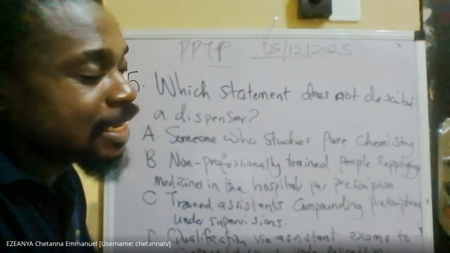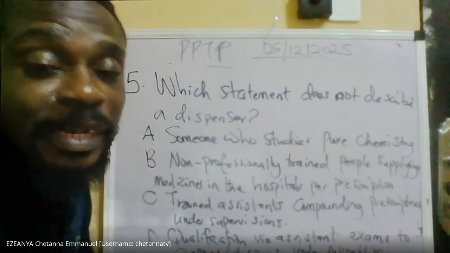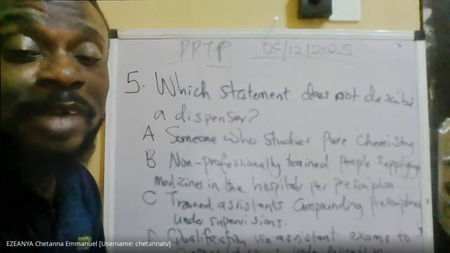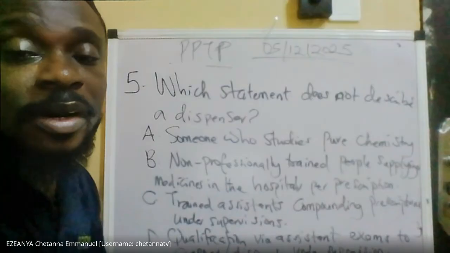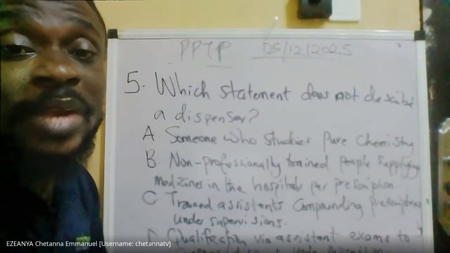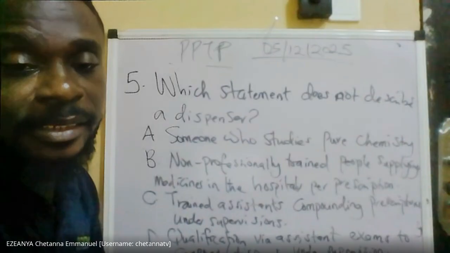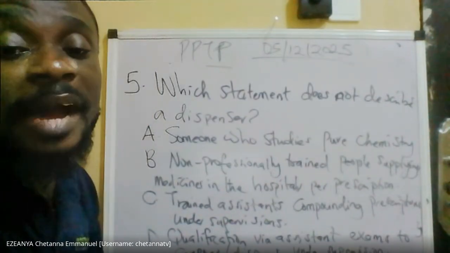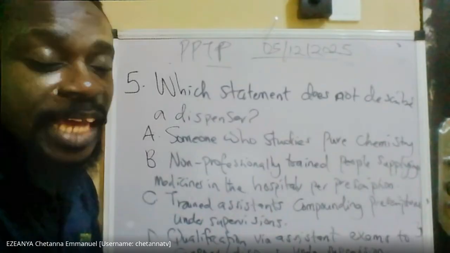As far as pharmacy history is concerned, who is a dispenser? Actually, dispensers are just people that are involved in the preparation or supply of medicines. Of course, most times they are under supervision.